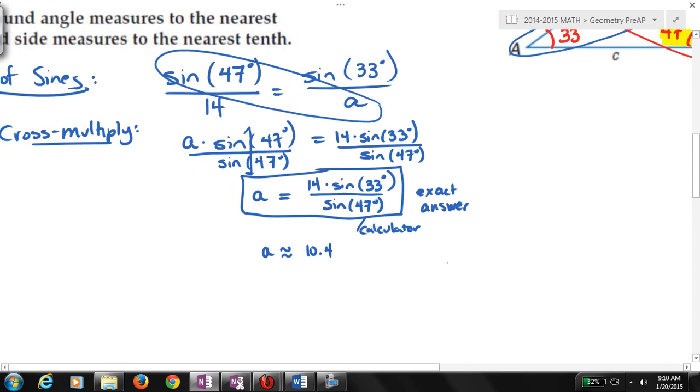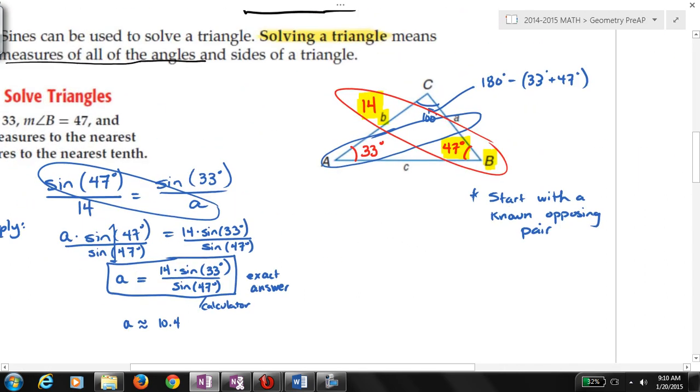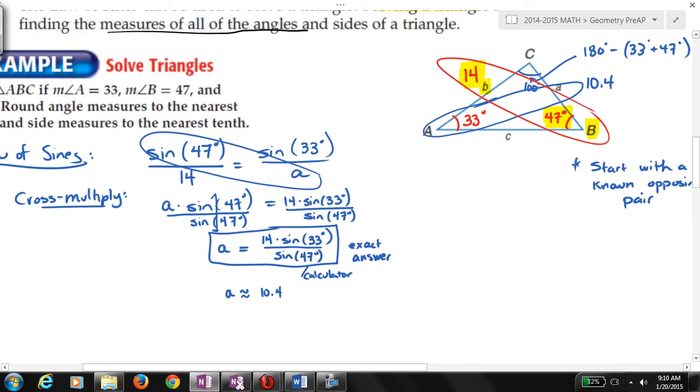Okay. Now let's go back to my drawing. Let's put that this is 10.4. Now in a similar fashion, you can solve this opposing side using the same procedure that we just did to solve side c.